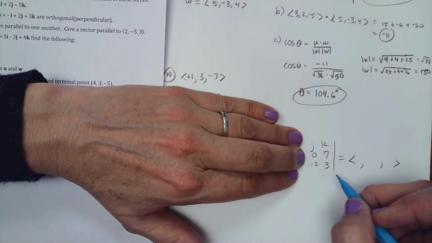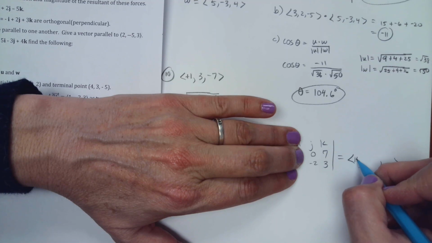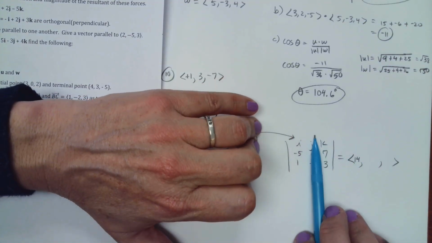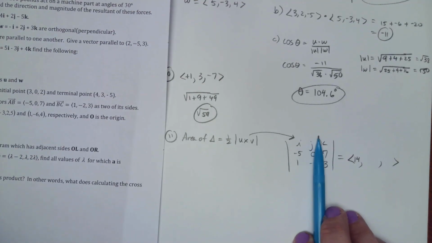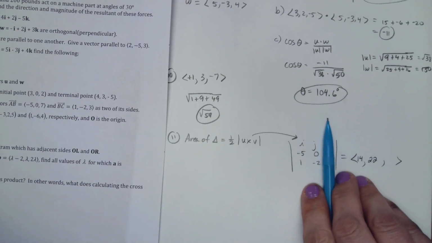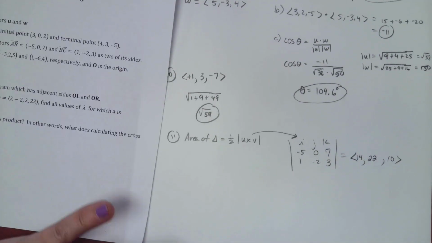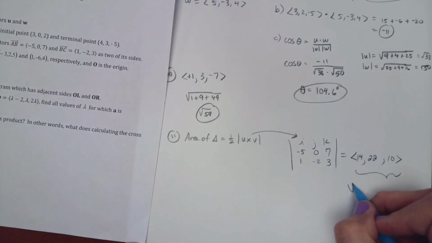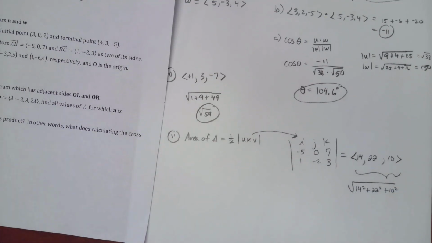Cross off this one, I get 0 minus -14, so +14. Cross off the middle, I get -15 minus 7, so that's -22, but I'm supposed to make it the opposite. And then the last one, I get 10 minus nothing, so 10. So now I have to do the magnitude of this, so I need the square root of 14 squared plus 22 squared plus 10 squared.